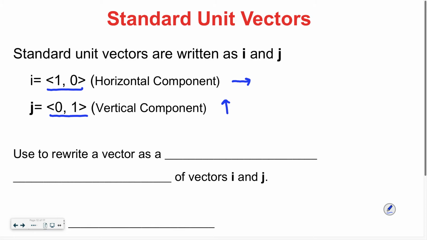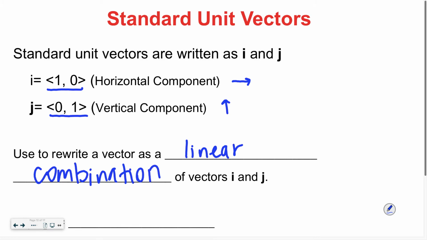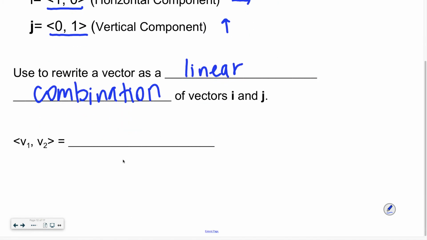So another way to write vectors is using these vectors I and j and writing them as a linear combination. So this is component form.